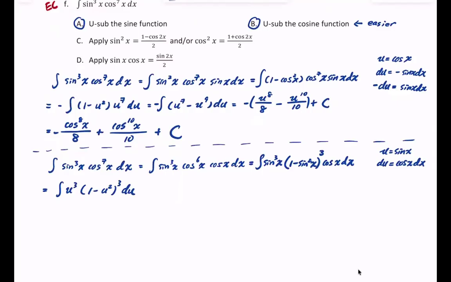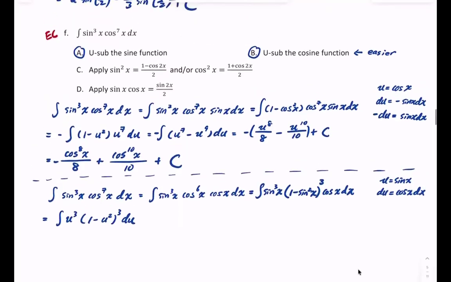I think it's 1 minus 3u squared plus 3u to the 4th minus u to the 6th. It alternates the sign. Otherwise, if you have to work out that cube, it's a lot of work. But if you have the formula handy, that's okay. Let me double check. Minus, plus, minus, yeah.